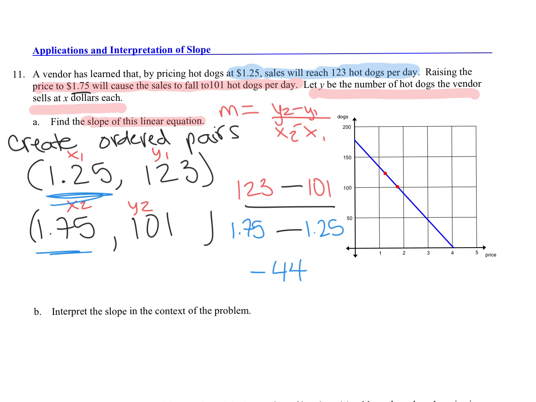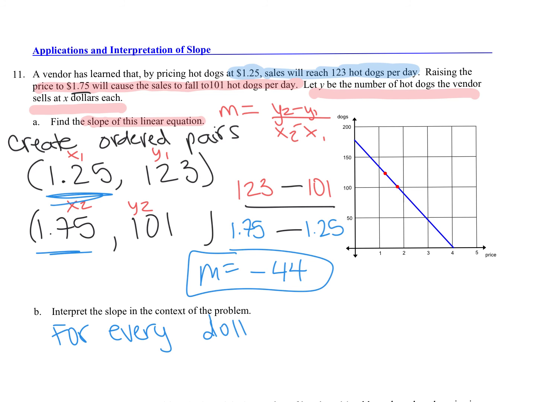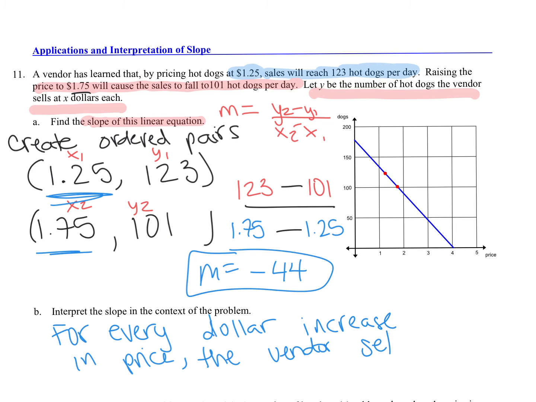What does that mean? The fact that I have a negative slope means that for every dollar increase in price, the vendor sells 44 fewer hot dogs.